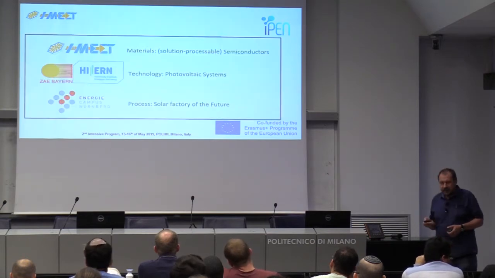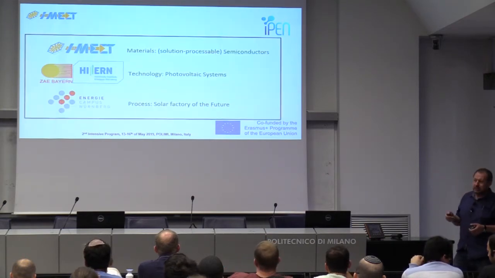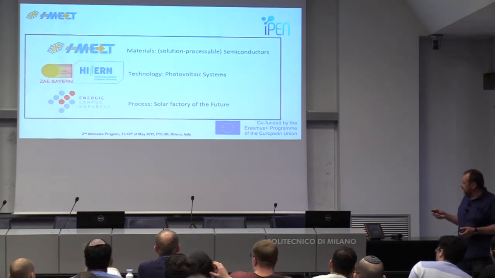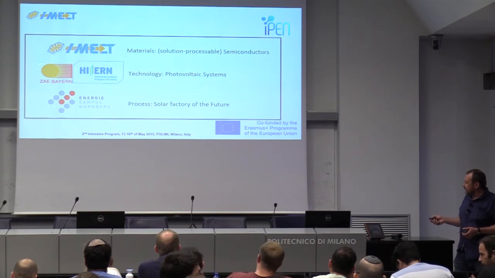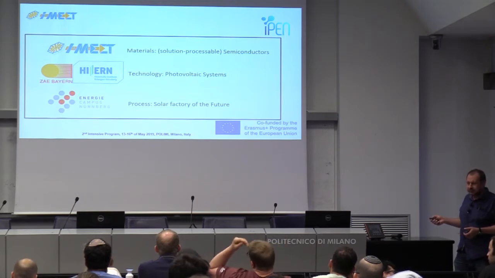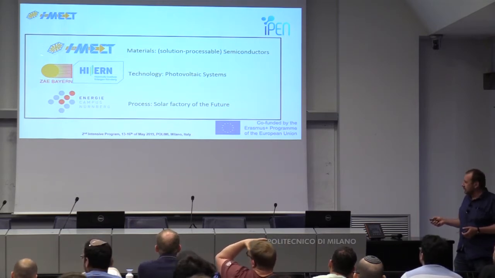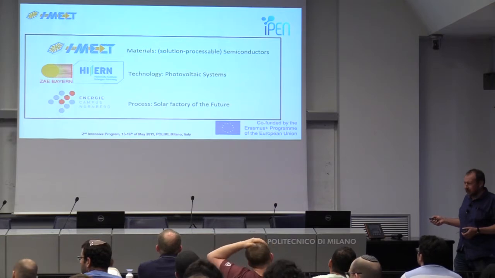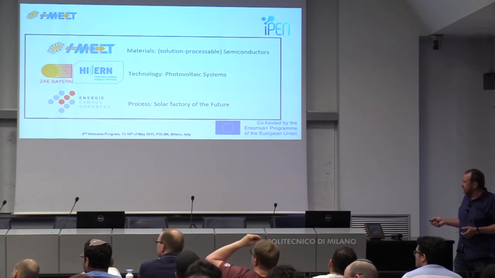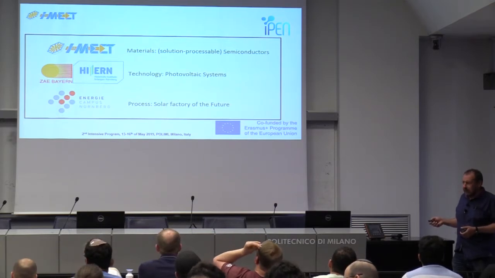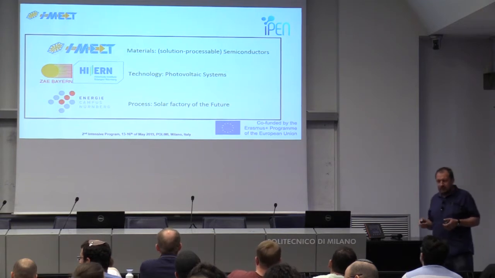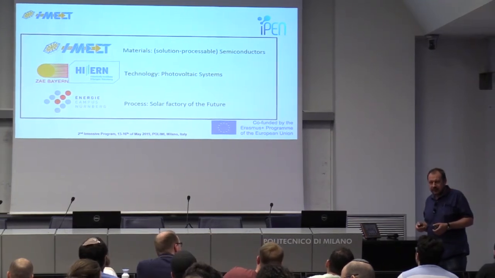Now, this field is so broad because there is very tight cooperation between the Center of Advanced Energy of Bavaria, which is now transforming into a branch of Helmholtz, and Energy Campus Nuremberg. And at IMET, we are mostly focused on materials and small devices.